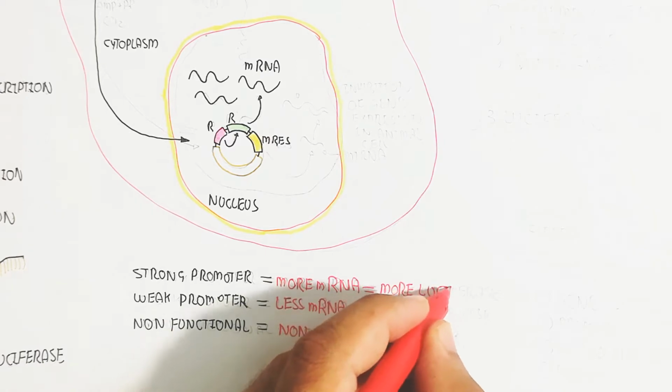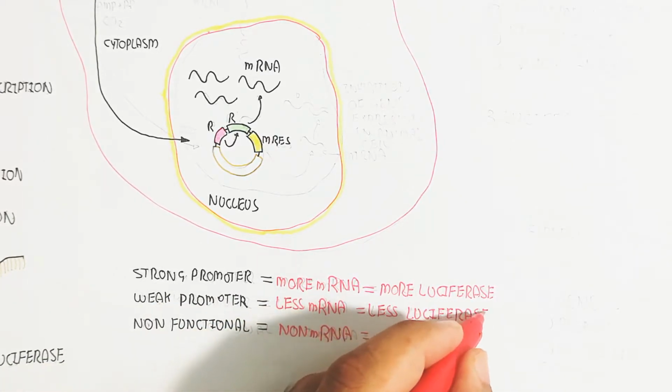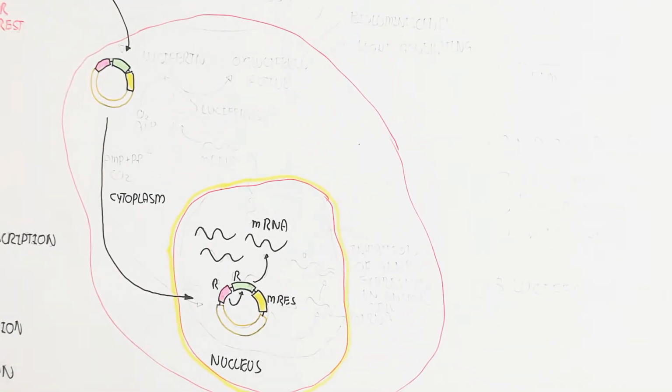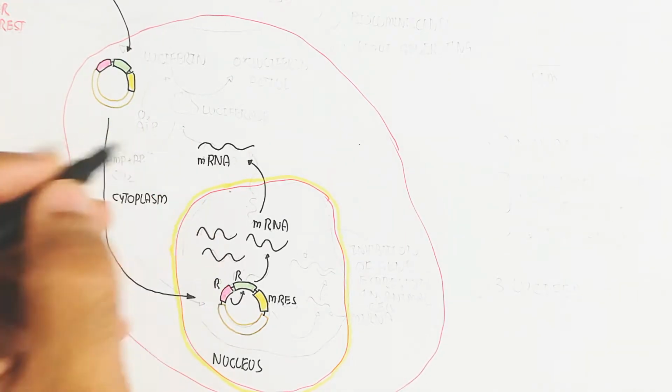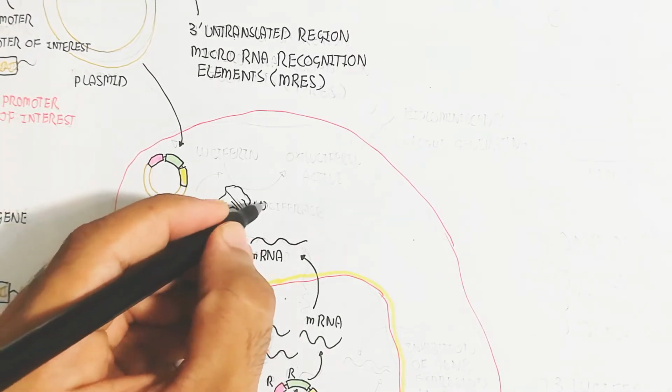A non-functional promoter means no messenger RNA and no enzyme production. So in this way, it also helps with identification of whether the promoter of interest is working or not.